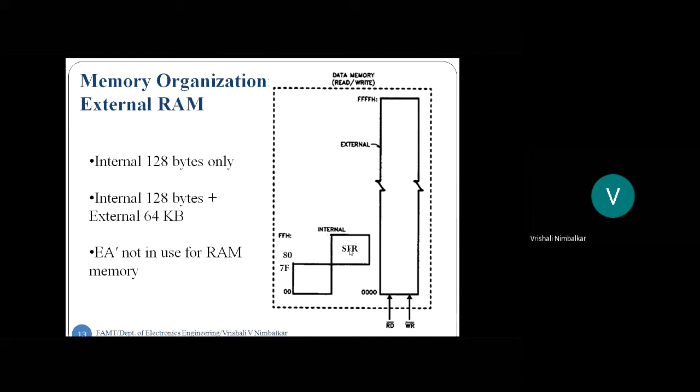They are also internal. Whereas 0000 to FFFF is purely external. So either use only internal memory, or the other option is internal 128 plus external 64 KB. So that is how external RAM or the RAM memory is used.